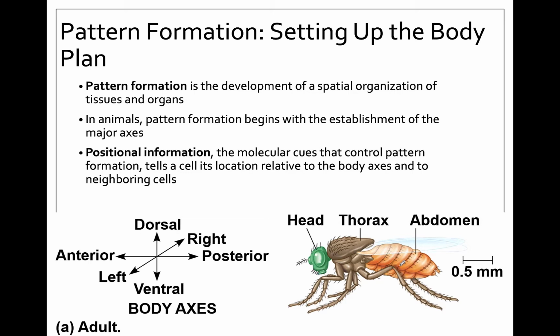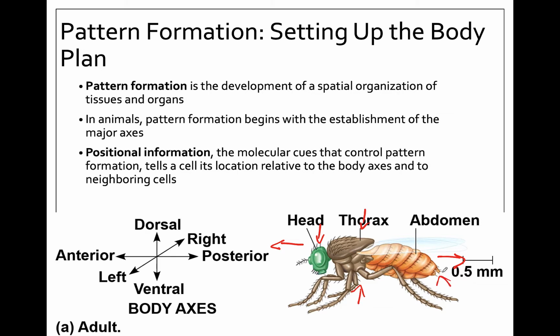And so this is going to be controlled by pattern formation cues or pattern formation genes, and it's going to give locations relative to the body axis. So once we've determined that the head is this way and the tail is this way, then the genes will be expressed so that the eyes end up on the head, the wings end up on the thorax, the legs end up on the thorax, and the reproductive organs end up in the abdomen.